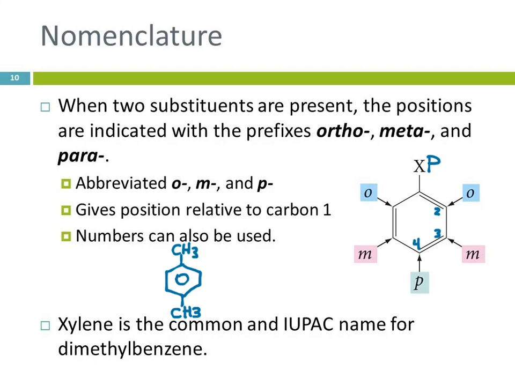Ortho, meta, or para? Para, because they're across. And so the name of this would be paraxylene. There are 3 different xylenes. There's orthoxylene, metaxylene, and paraxylene. And I believe that xylene is the only common name that you will need to know for a di-substituted benzene.